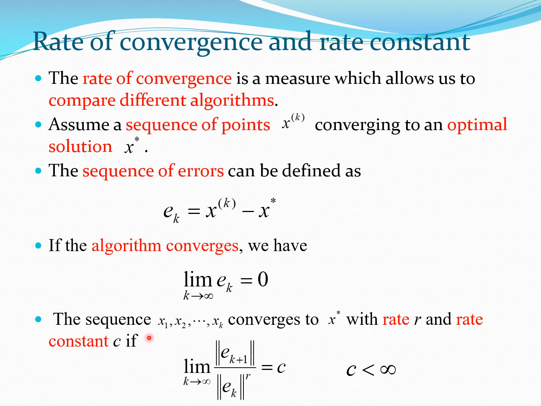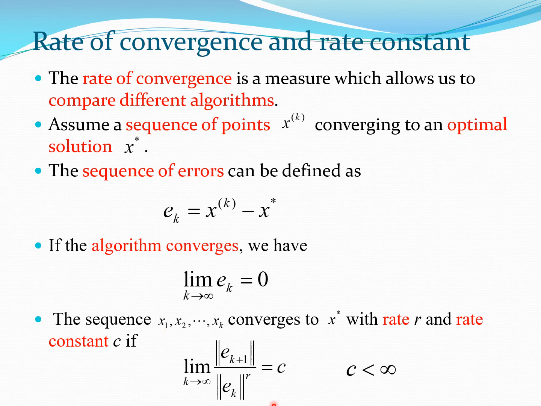So now we can say this sequence x_1, x_2, x_3 all the way to x_k converges to x star with rate r and rate constant c if the limit of the norm of e_{k+1} divided by the norm of e_k to the power r equals c.